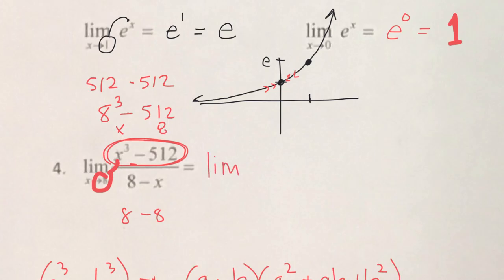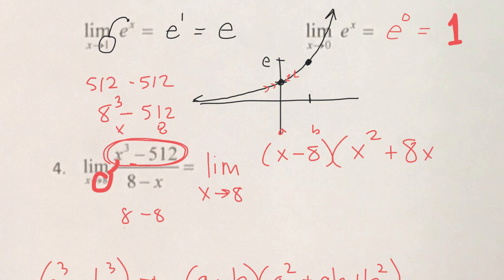Okay, so we're taking the limit as x approaches 8 of x minus 8. Right? This is your a and this is your b. So then our next thing is x squared, right? Plus 8x, because a is x and b is 8, but we always put the number in front of the letter, so 8x, plus 8 squared, which is 64. All divided by, okay, we have 8 minus x, so what does our trick say to do?